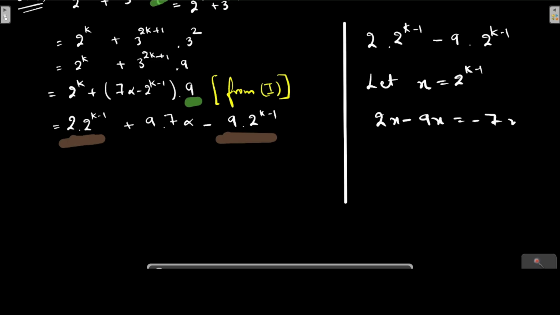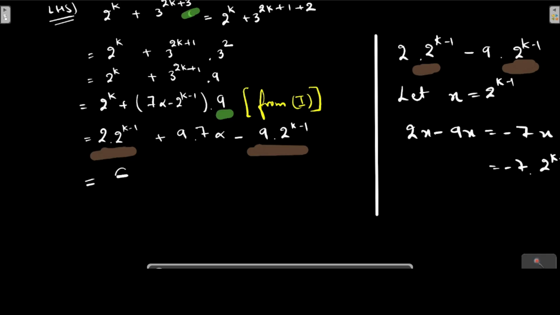That's basically negative 7x. If I sub in the value of x, I get negative 7 times 2 to the power of k minus 1. That becomes 9 times 7 alpha, negative 7 times 2 to the power of k. If I pull out a 7, I get 9 alpha minus 2 to the power of k.